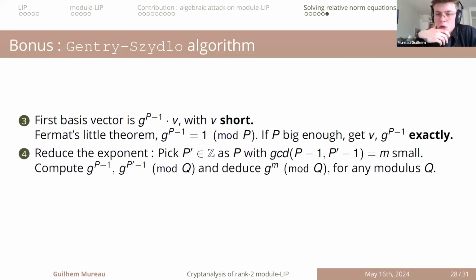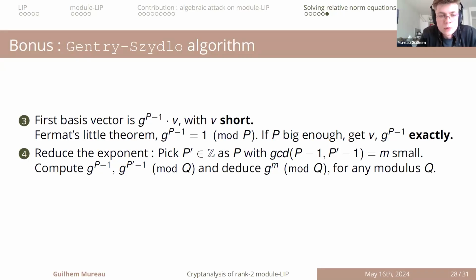Next, you want to reduce the exponent in the power of g. You can do it like this. You take another prime p' with the same conditions, and such that the GCD of p-1 and p'-1 is equal to m.